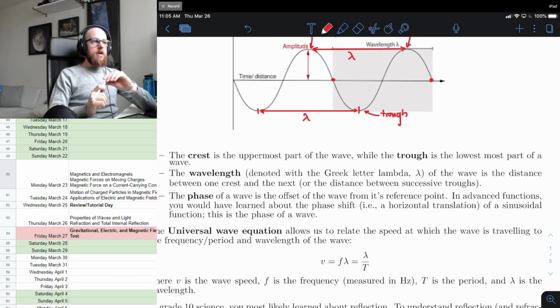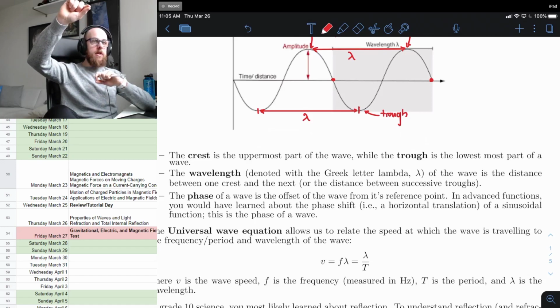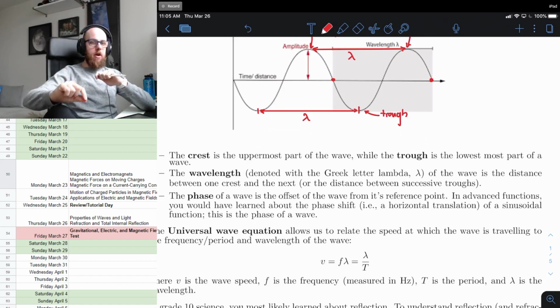So if one wave starts at a crest and another starts at a trough, those two waves would be out of phase with each other, because they start at different points within the cycle. Everything else about them could be identical, except the starting point.